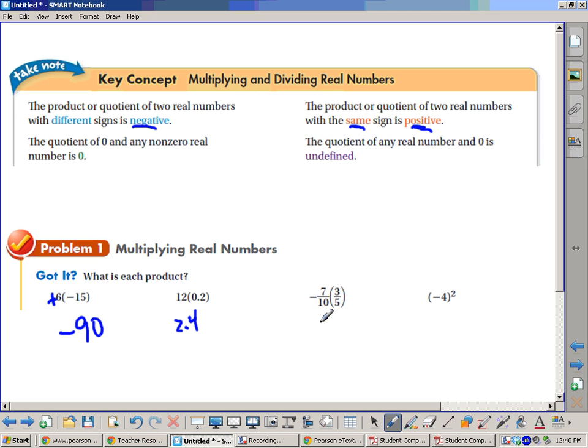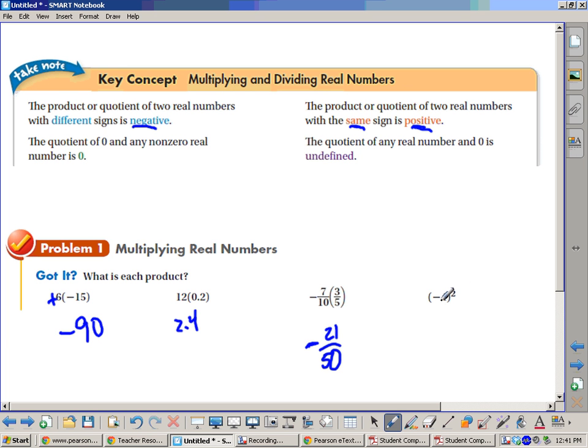Here we're multiplying a fraction. First of all, we're taking a negative and multiplying by a positive, so we're going to get a negative. And to multiply fractions, we just multiply the top numbers. 7 times 3, 21, and 10 times 5 is 50. So in this case, we just get a fraction, -21 over 50.